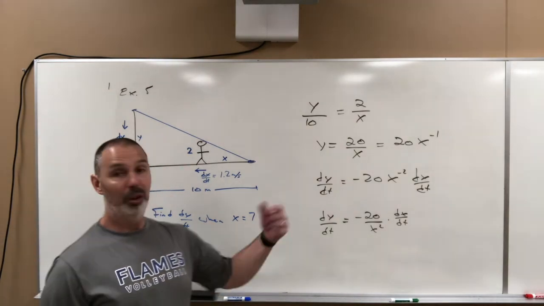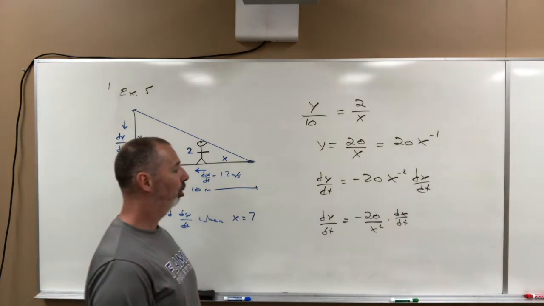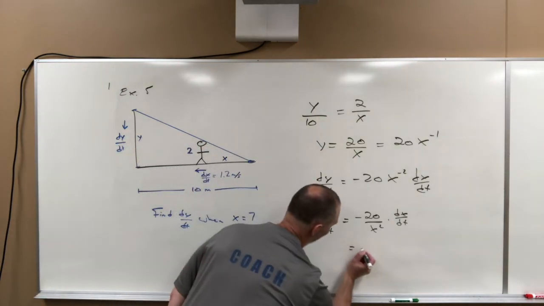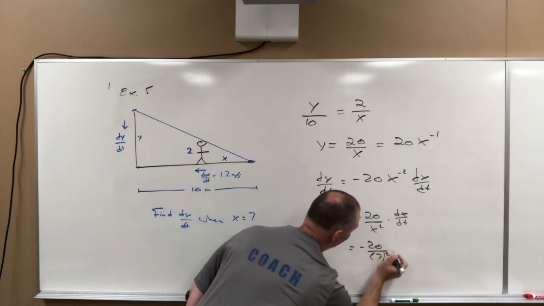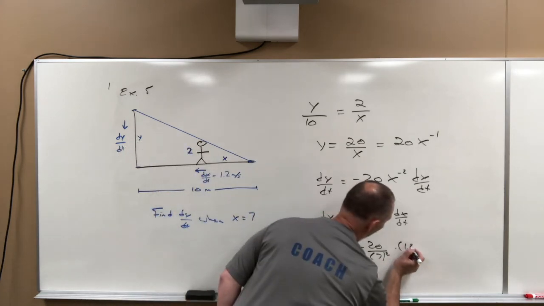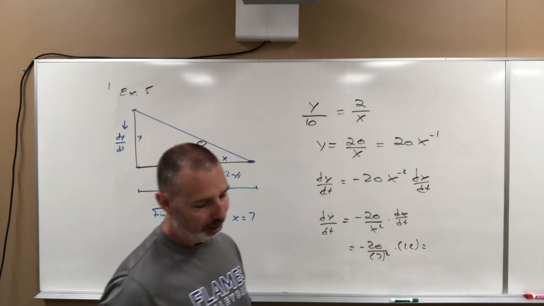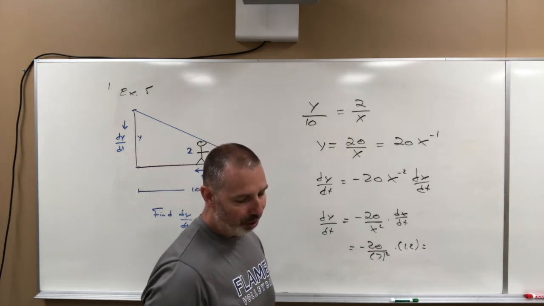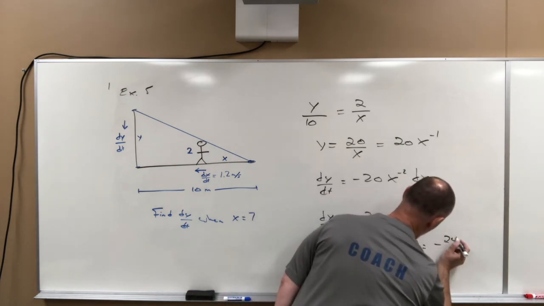We know what x is, we know what dx/dt is, so we can substitute into this equation and get the answer. So negative 20 over x, which was 7 squared, times dx/dt, which is our 1.2, and punch that into our calculators and we will get an answer as a fraction that is negative 24 over 49.